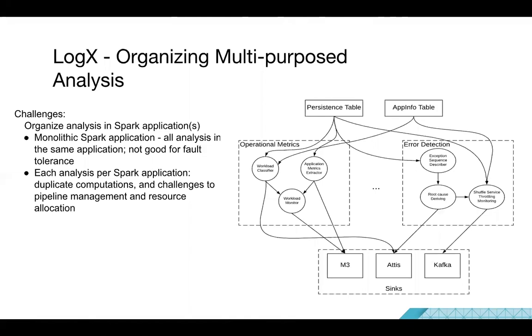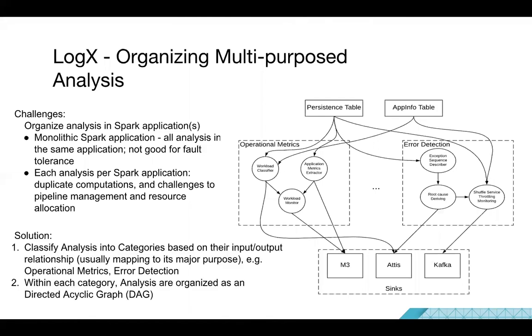Then if we take this approach, there would be a lot of duplicate computation because many of these analyses have shared input, or they have a producer and consumer relationship. And it would also be a challenge to manage all these Spark applications and allocate resources properly.